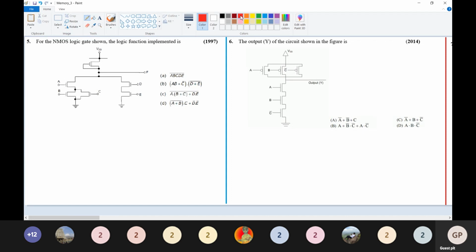So we already know that for an NMOS circuitry, or PMOS or CMOS circuitry, the logical function will be expressed as the complement of the SOP expression.